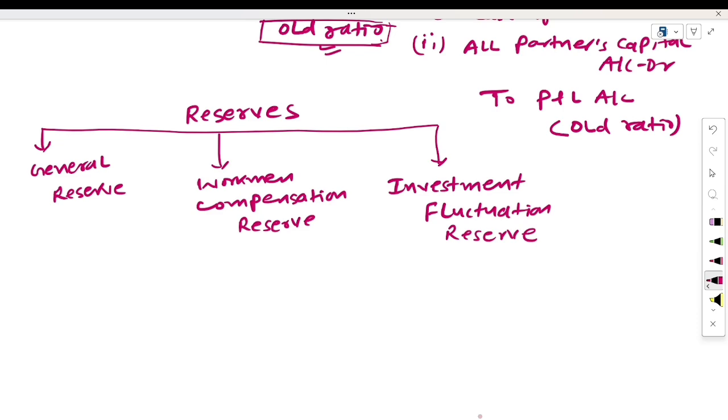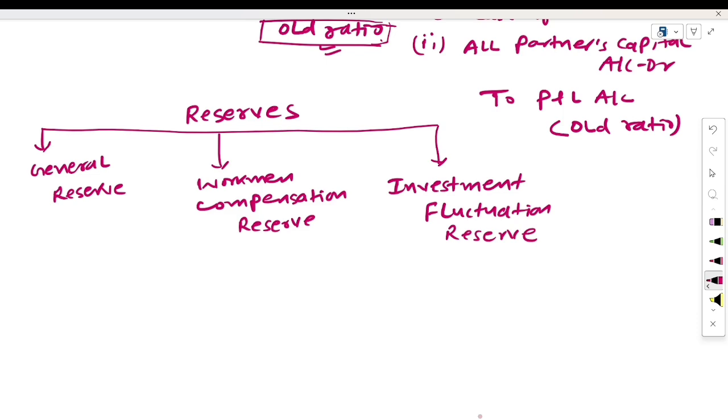General reserve is a free reserve which is used at the time of change in profit sharing ratio in a manner decided by the partners. It means it can be used anywhere, for any type of compensation or reimbursement.